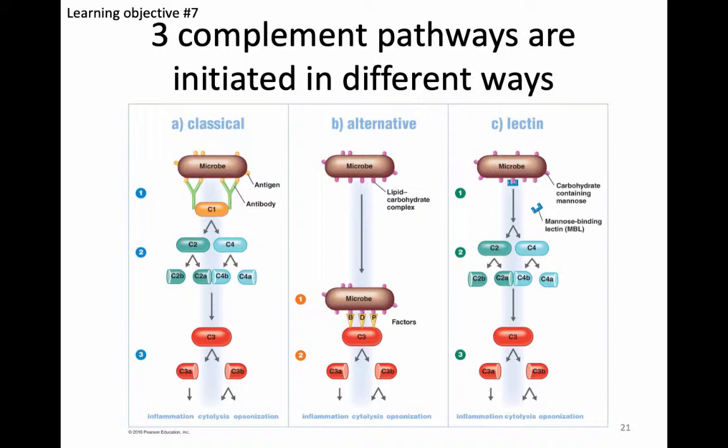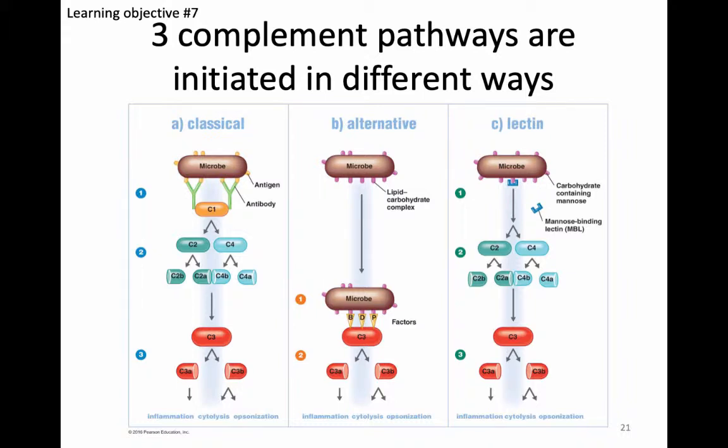So in the first complement pathway, called the classical pathway, it is initiated by an antibody binding to an antigen. We will learn about antibodies. They are part of adaptive immunity, which we'll discuss in Chapter 15. Antigens are foreign molecules that activate an immune response. So the adaptive immune system makes an antibody against an antigen, which binds.